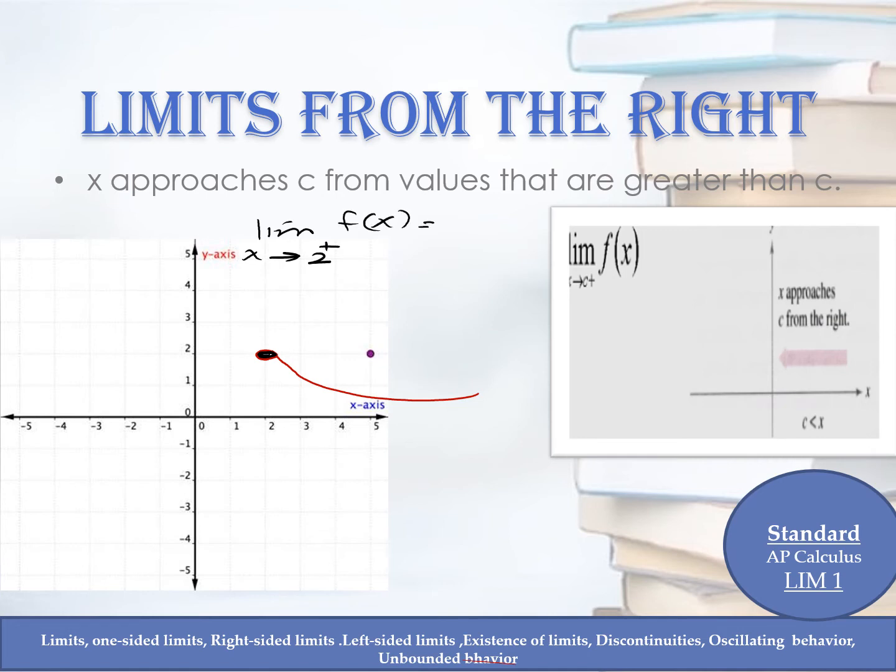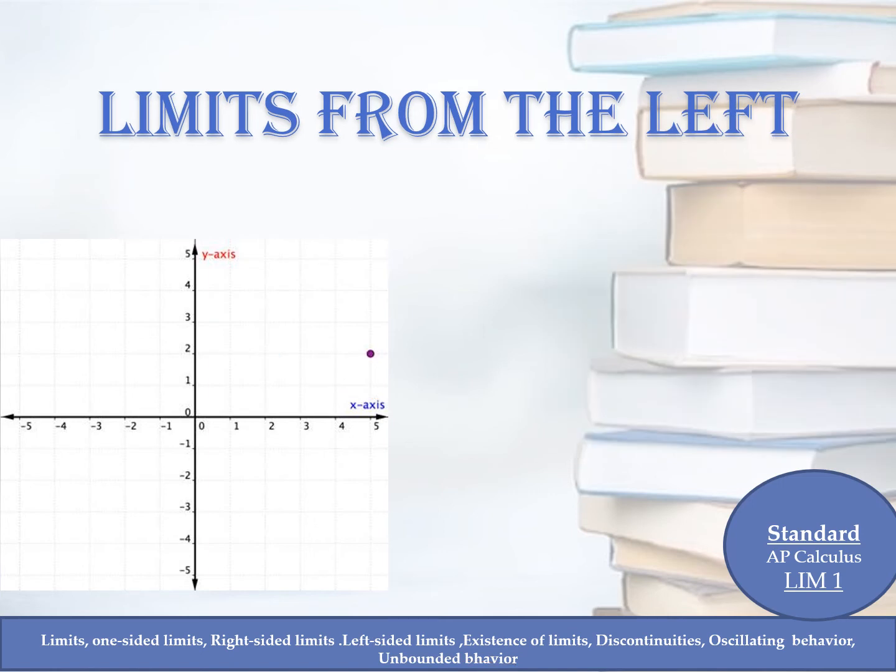If they ask you to read this, you will go to the 2 and see what the y value is over here. The y value is also equal to 2. But what have you focused on? You have focused on this line only, which is coming towards the 2 from the right-hand side.